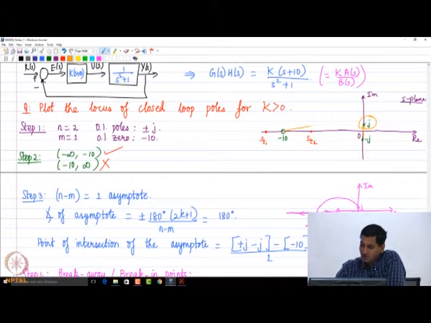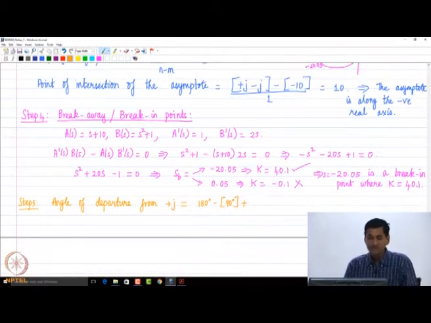You draw a vector from minus 10 to plus j, and what is the angle made by this vector? Tan inverse of 1 by 10, that is tan inverse of 0.1, and if you evaluate this, the answer is going to come as 95.71 degrees.